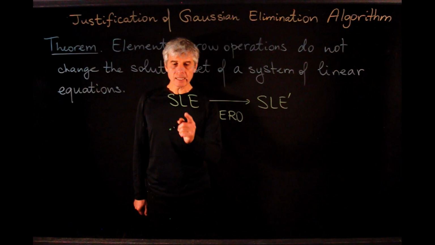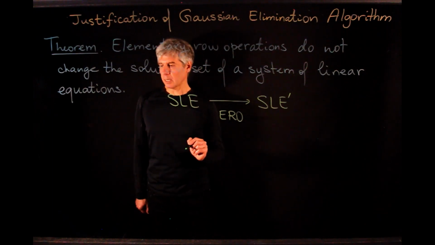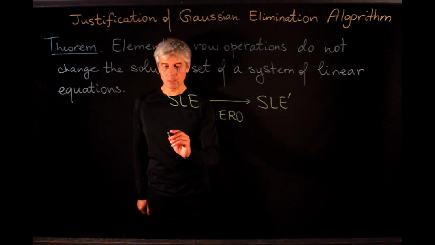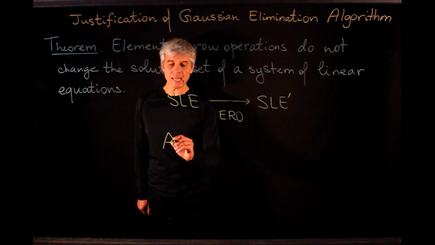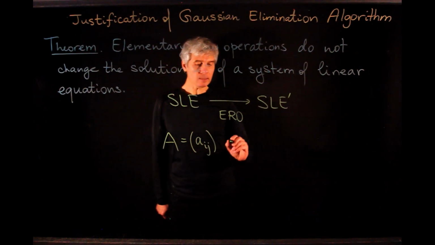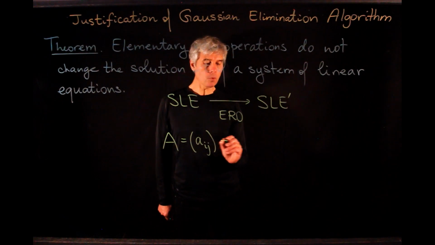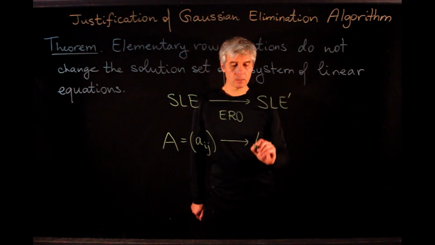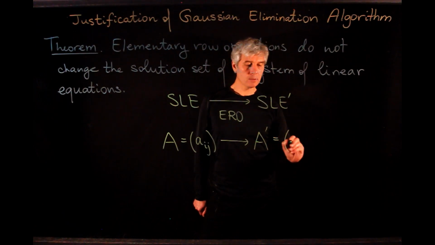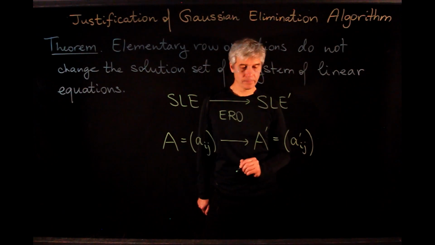Now, a system of linear equations is characterized by a matrix. Here we have a coefficient matrix A, and the entries of this coefficient matrix we will write Aij. We have the transformed matrix that we're going to call A prime, and the entries of this matrix will be called Aij primes.